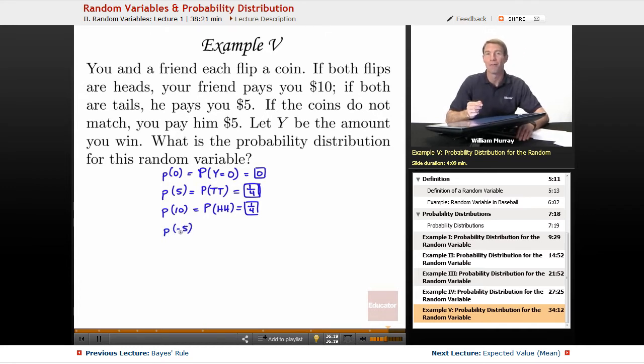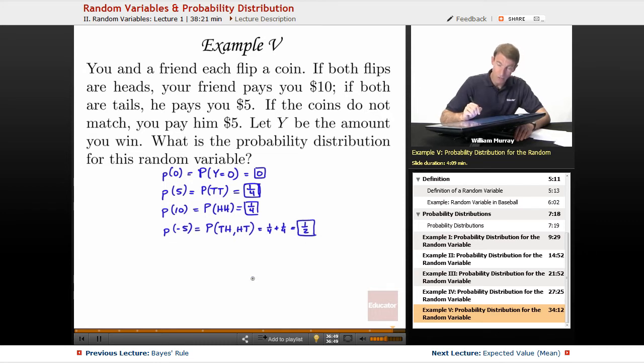We call it a win of negative $5, but you're really losing $5. So the way that happens is if you show a tail and he flips a head, or if you flip a head and your friend flips a tail. So there's 2 possibilities there, but each one of those has probability 1/4. So 1/4 plus 1/4 is 1/2.